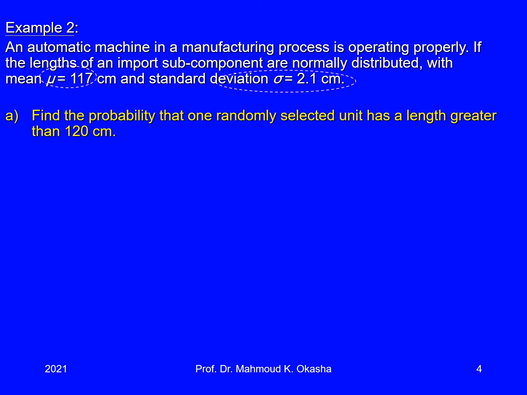The first question: find the probability that one randomly selected unit has a length greater than 120 centimeters. That is easy. That is an introduction to probability, nothing to do with sampling distributions. This part of the question is introduction to probability.